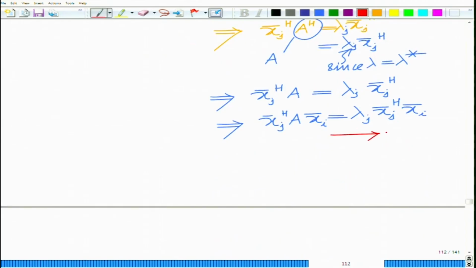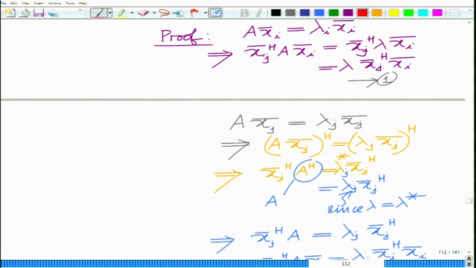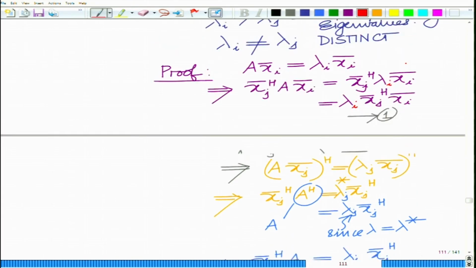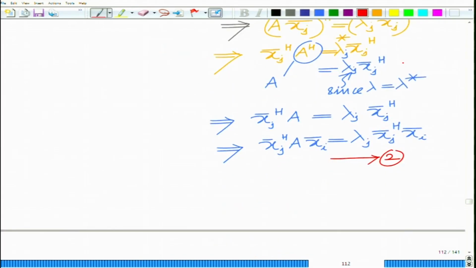So, xj bar Hermitian A xi bar equals lambda j xj bar Hermitian xi bar, and this we can denote as result 2. Now, if you see from result 1 and result 2, xj bar Hermitian A xi bar equals lambda i xj bar Hermitian xi bar, and similarly from result 2, xj bar Hermitian A xi bar equals lambda j xj bar Hermitian xi bar.